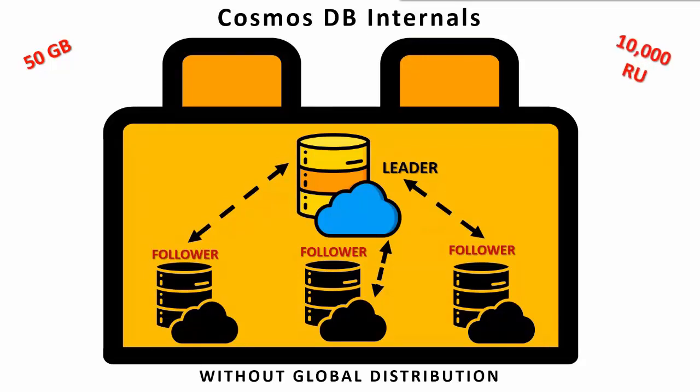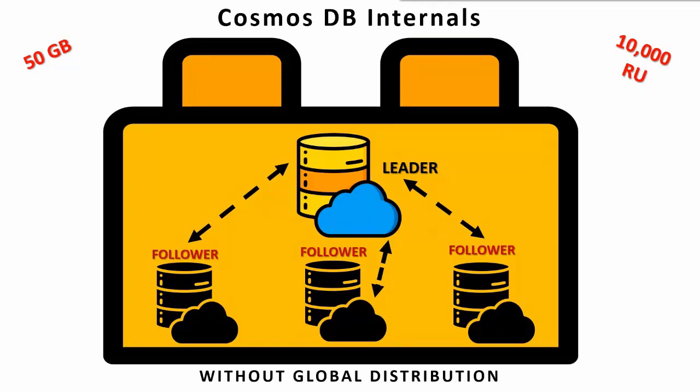The second one is 10,000 request units. This is the limit that a physical partition can deliver, the maximum request units. So let's say, for example, your application is going to need 15,000 request units. That means even if you don't have 50 gig of data, you are going to end up with 2 physical partitions.